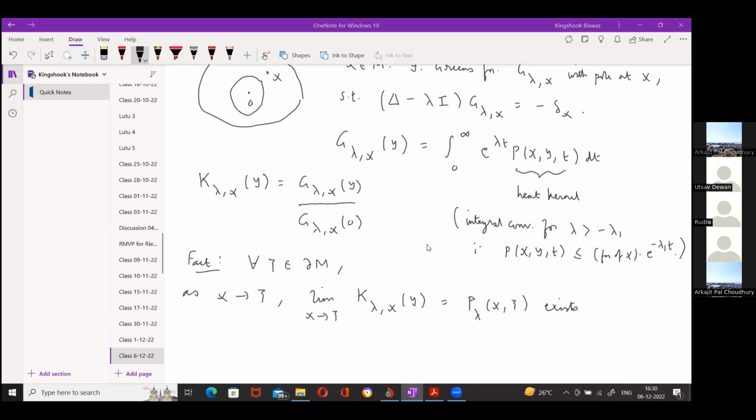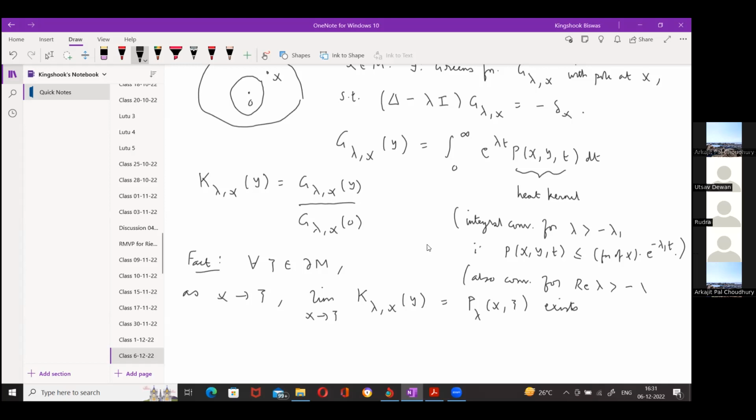So all of these somehow use positivity. For me at least, it seems quite a natural question: what happens if lambda is complex? How far can you go? Well, actually, this integral makes sense here. This g lambda x integral will also converge for just the real part of lambda bigger than minus lambda 1.